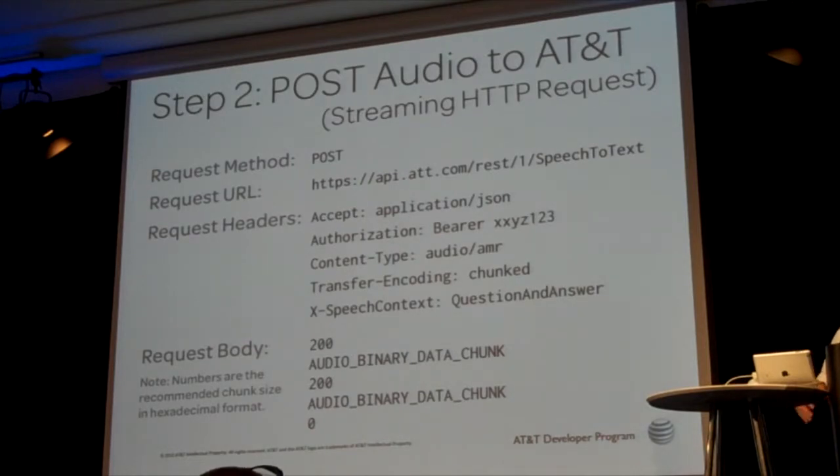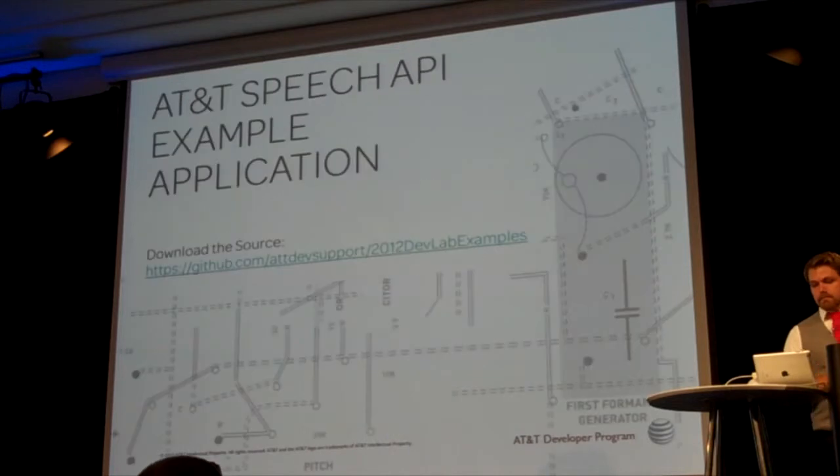There's not currently any SDKs for the web, but there are some options coming soon with things like WebRTC and other new device parameters that you can access, like on the iPhone, where in HTML5 you can access that directly. So now we're going to walk through the example application on the side screens.